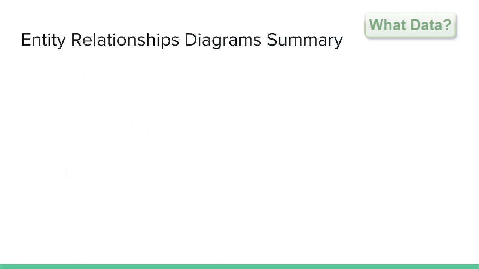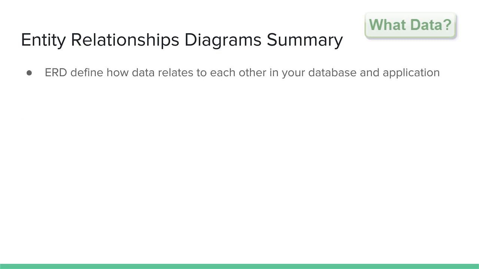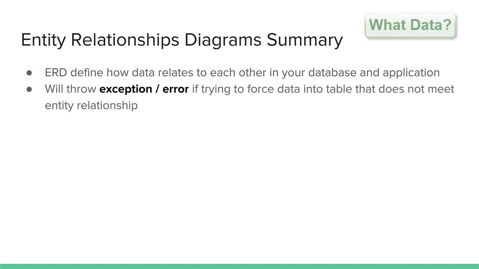Being able to describe such entity relationships enforces the rules of how data is stored in our database tables. This will become even more apparent when we move into SQL coding, as if we try to force an entity relationship that does not meet the rules of our table design, this will throw an exception error.